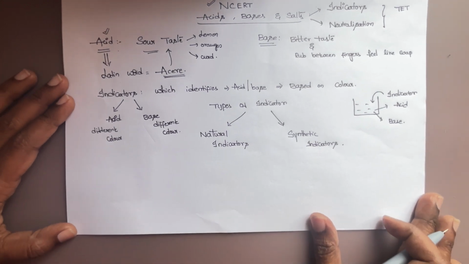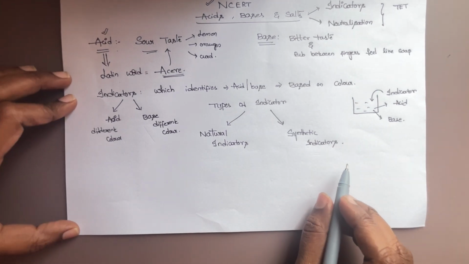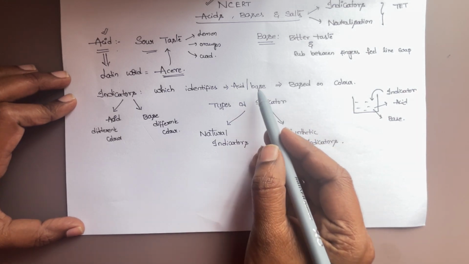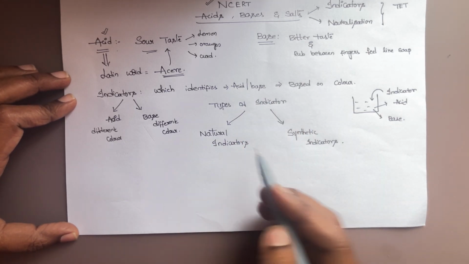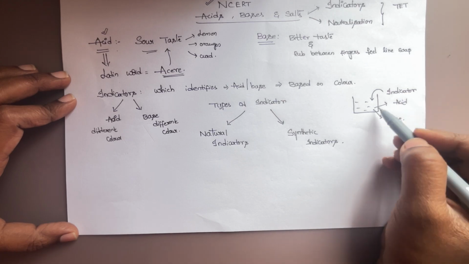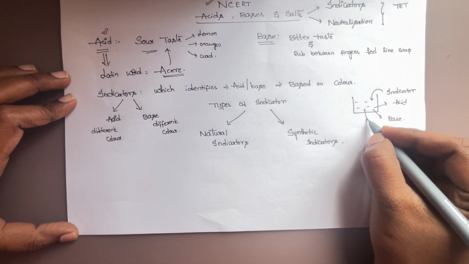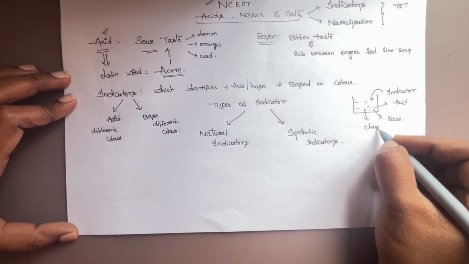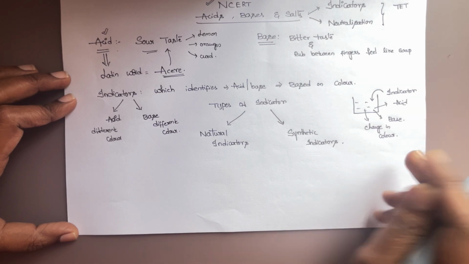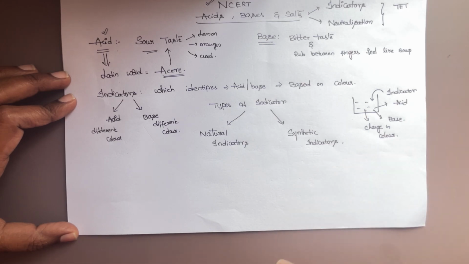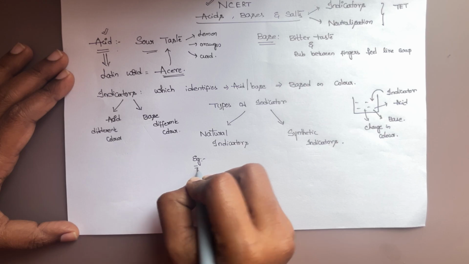These are substances which give information about whether a substance is an acid or a base based on colors. I already told you that if we add an indicator to a substance, it changes color. Based on that change in color, we can identify whether the substance is an acid or a base. Now the examples of natural indicators.